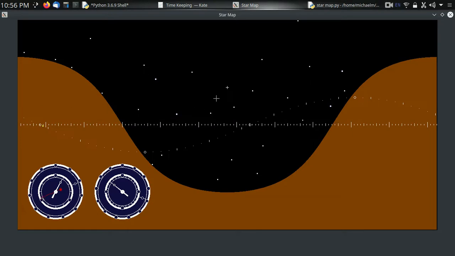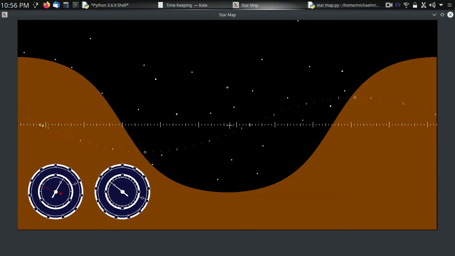And like I mentioned, the way that it's laid out currently, it is projecting onto the sky. So you wouldn't hold this up to the sky and compare it with the sky that you see. It would be backwards if you did that.